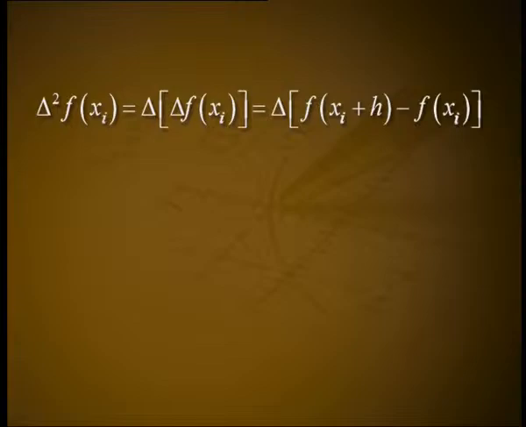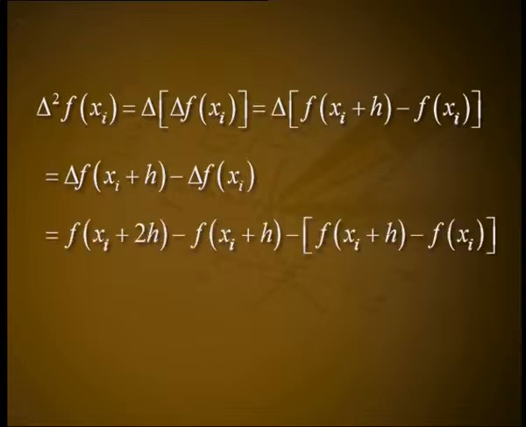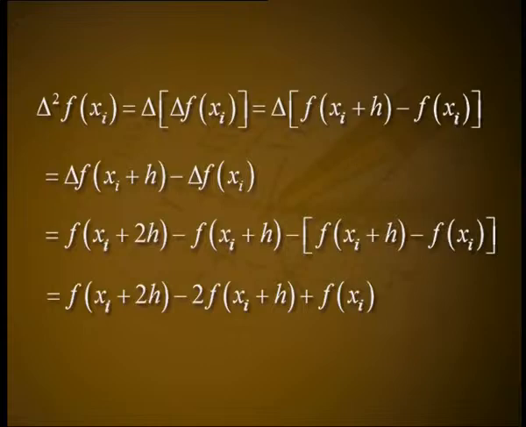The second forward differences are defined as delta square f of xi equal to delta of delta f of xi, that is equal to delta of f of xi plus h minus f of xi, that is delta of f of xi plus h minus delta of f of xi, that is f of xi plus 2h minus f of xi plus h minus of f of xi plus h minus f of xi, that is f of xi plus 2h minus 2 times f of xi plus h plus f of xi, that is yi plus 2 minus 2yi plus 1 plus yi.